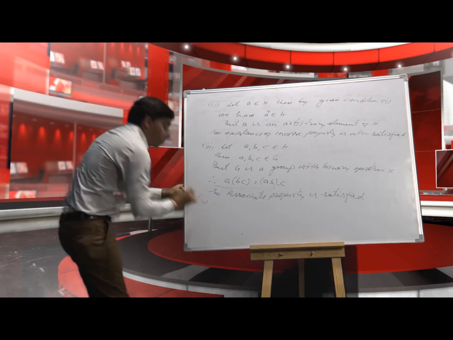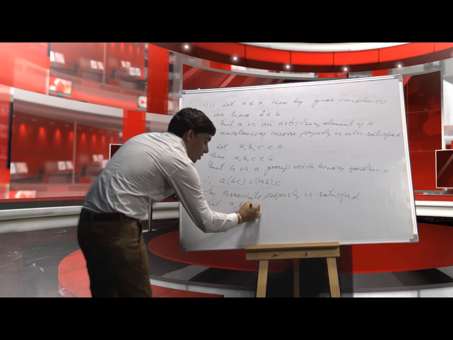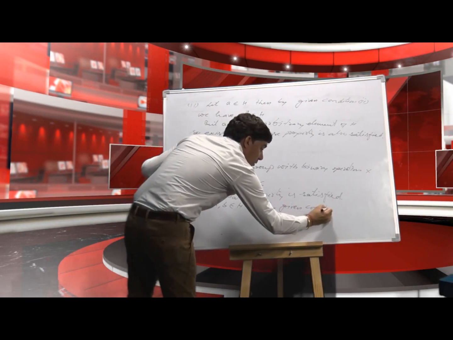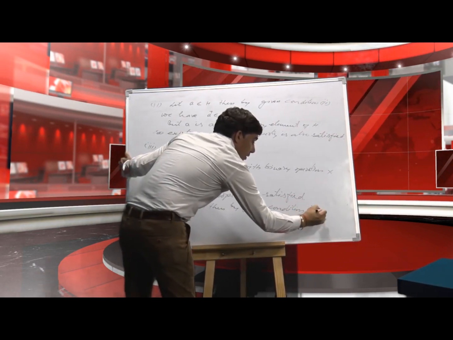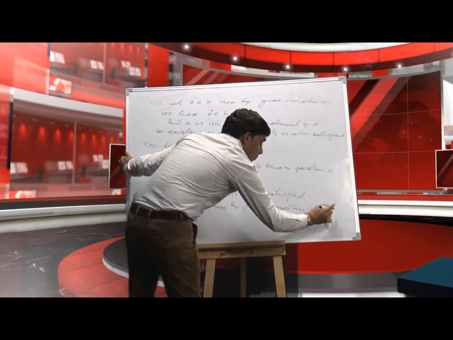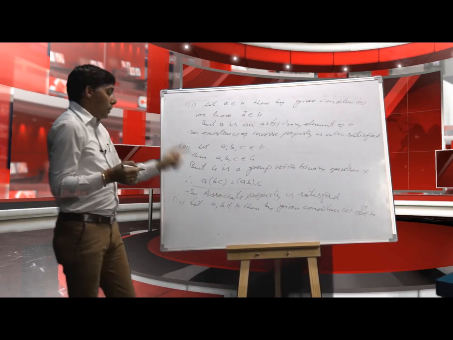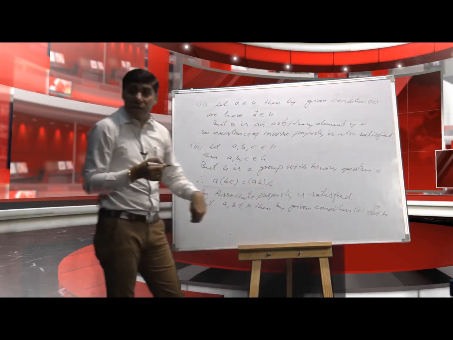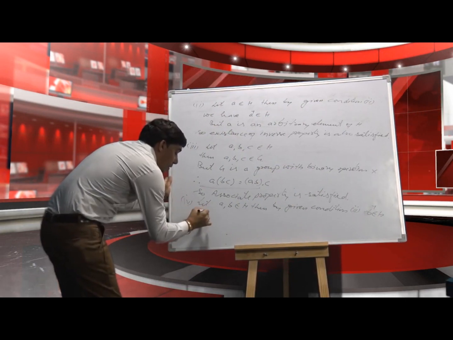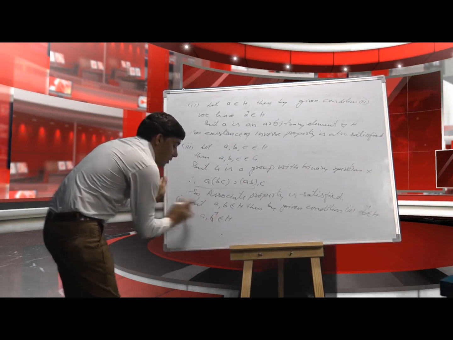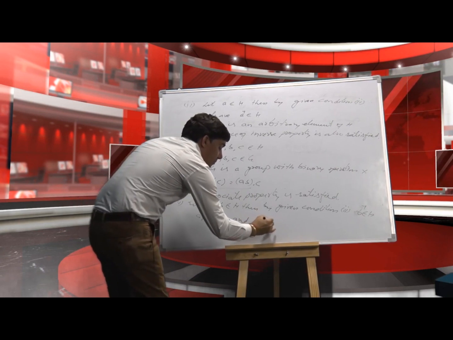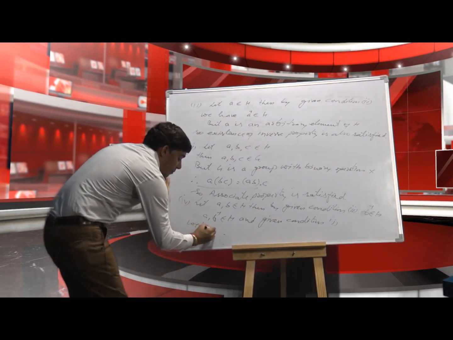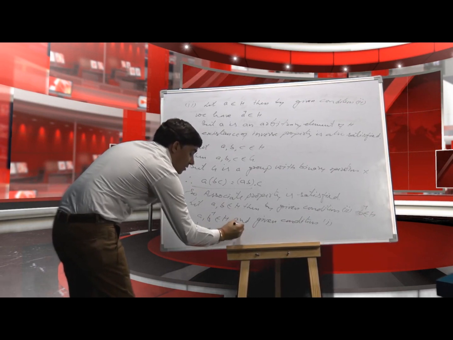So the last one, the fourth property: let a, b belong to H. Then by the given second condition, a inverse and b inverse belong to H.